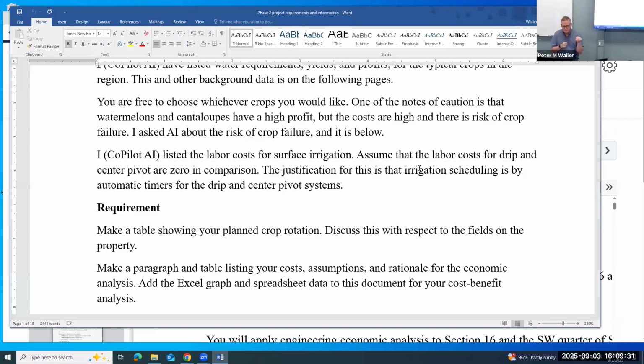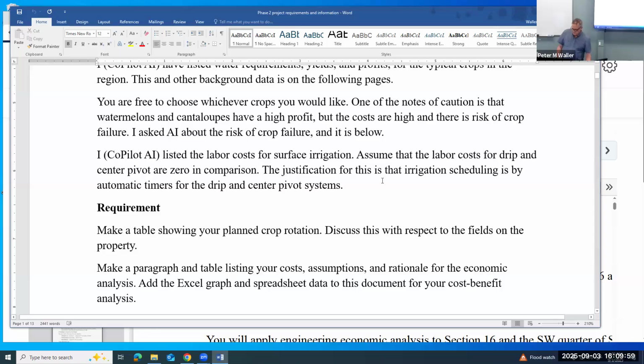So like you can drive around in your truck and you can use telemetry to schedule your center pivot irrigation system. You could schedule your center pivot irrigation system from the golf course. And so that's why we're just gonna assume there's labor costs for surface irrigation, but no labor costs for drip and center pivot.